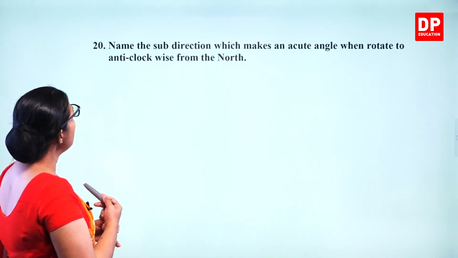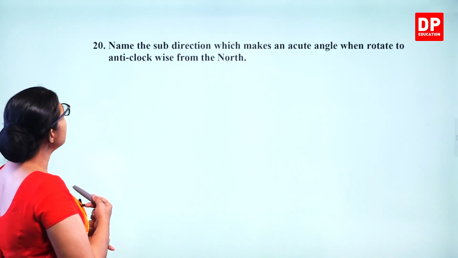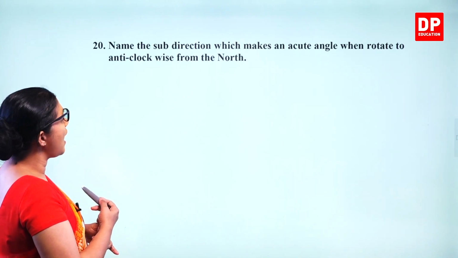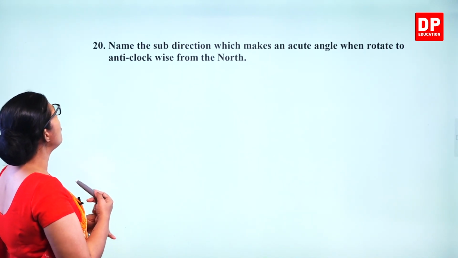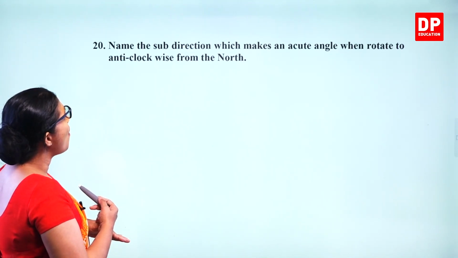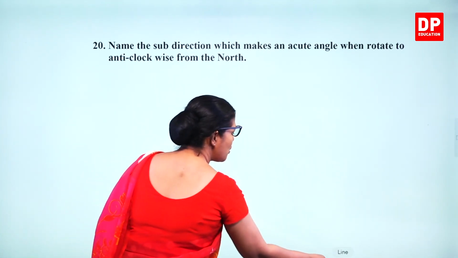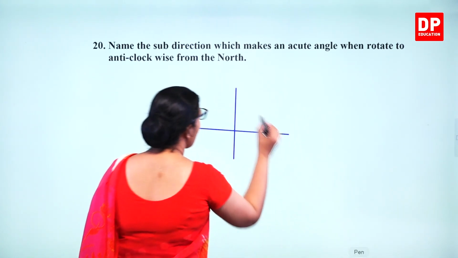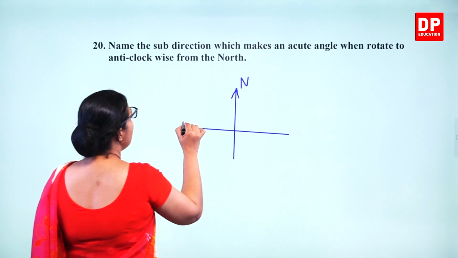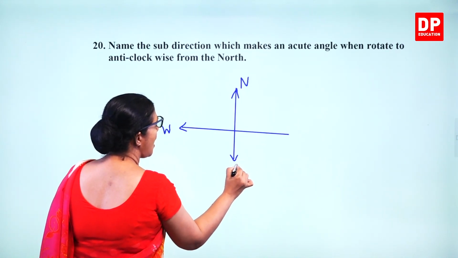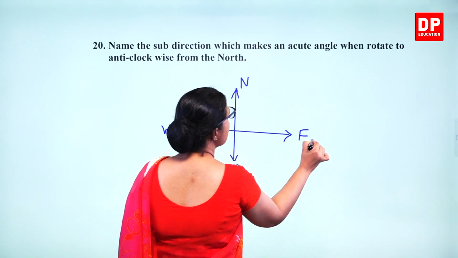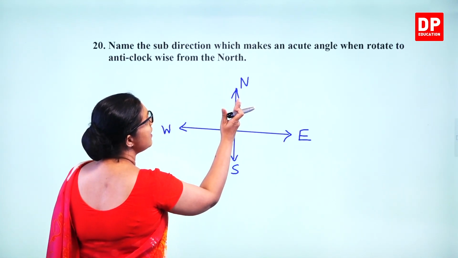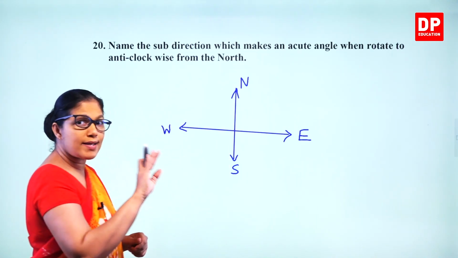Question number 20. That's the last question in part 1. Name the subdirection which makes an acute angle when rotated anti-clockwise from north. So when you take the north side, this is north and this is west, this is south and this is east. Subdirection which makes an acute angle when rotated anti-clockwise.